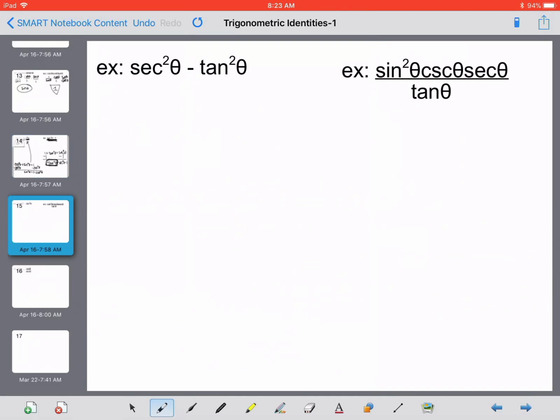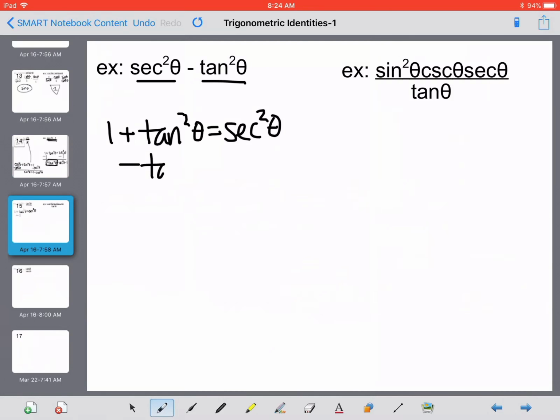Next one here. Okay, secant squared minus tan squared. Same thing. So if I'm looking at that Pythagorean identity, 1 plus tan squared theta equals secant squared theta. Okay, so I got secant squared minus tan squared.